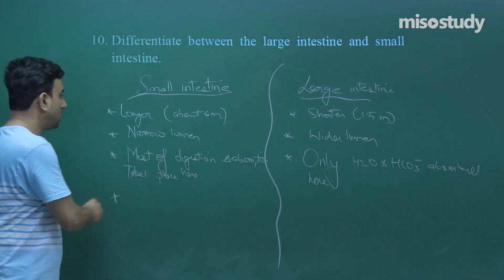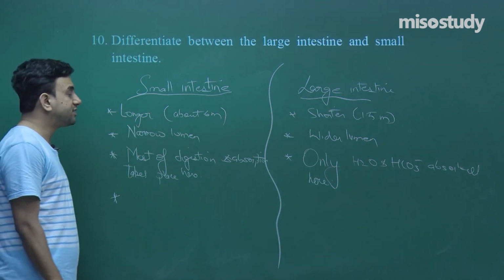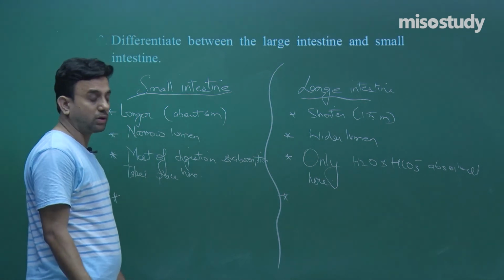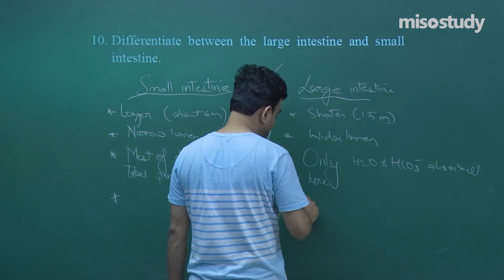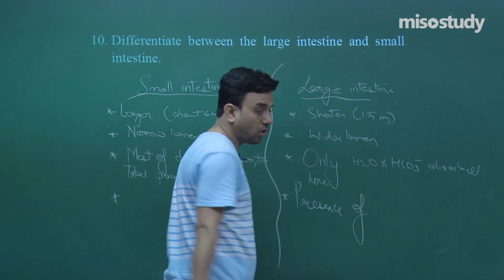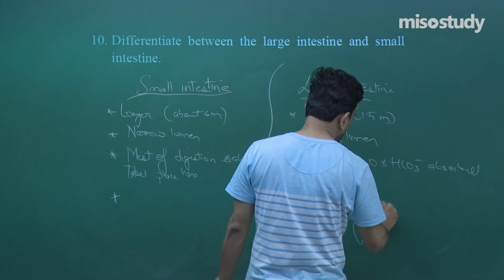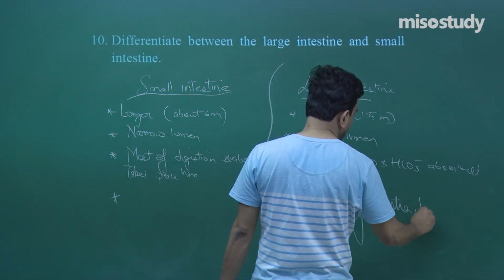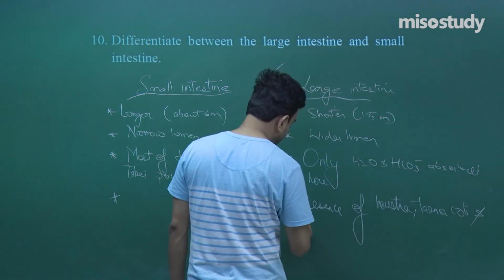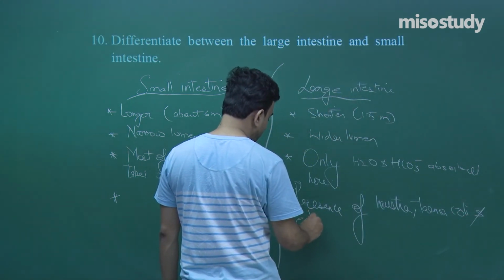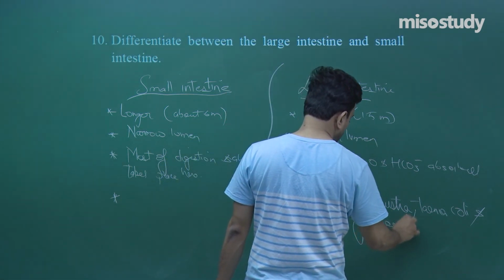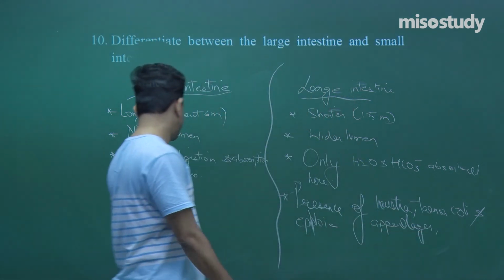Now the large intestine has the presence of sac-like haustra, taenia coli, and epiploic appendages. You all know what epiploic appendages are.